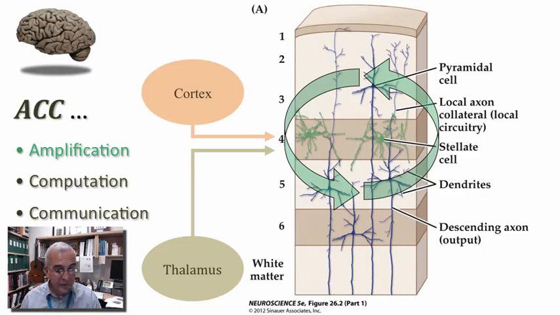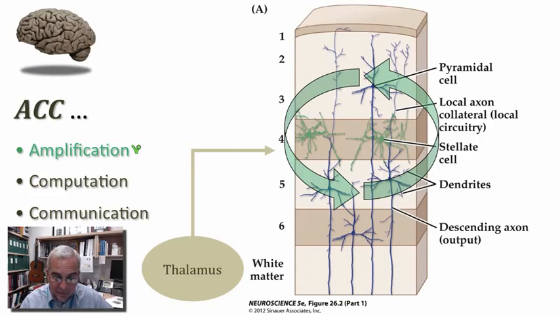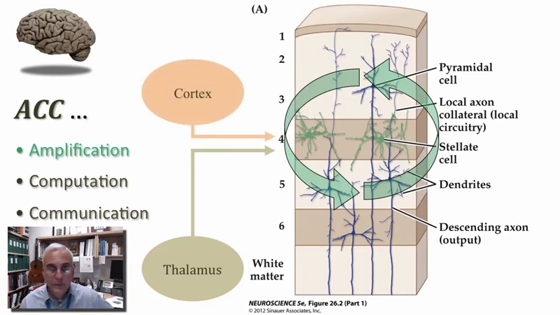For the primary sensory cortex, the predominant source of input is from the thalamus. So when we talk about amplification, we are mainly talking about amplification of input signals derived from the relevant thalamic nucleus. Well, when it comes to the associational cortex, we have to recognize that an additional major source of input will be other cortical areas.